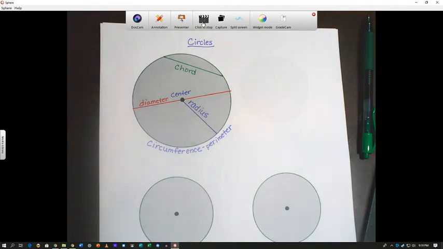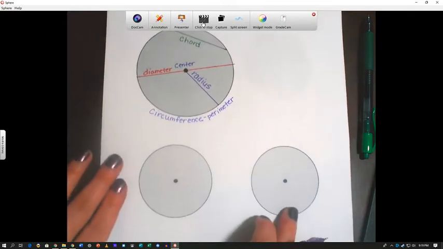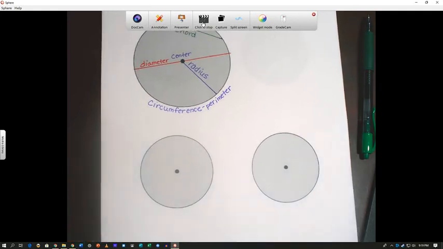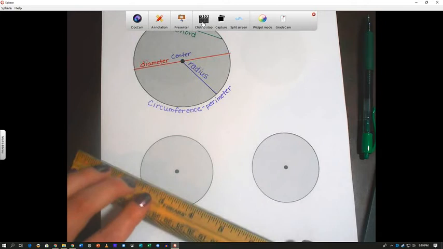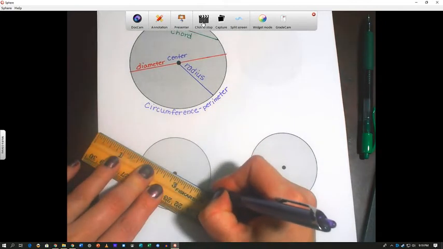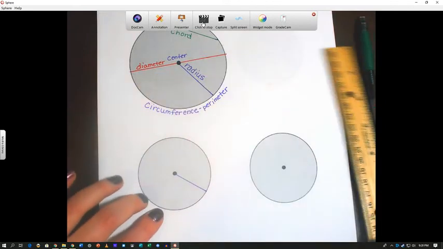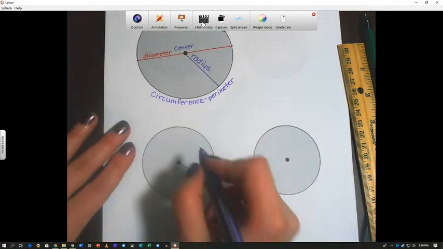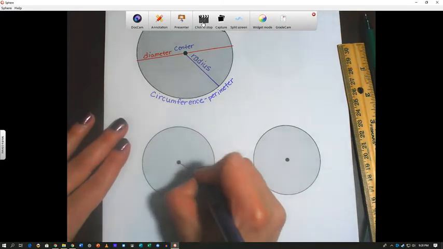So today we're going to focus on the radius and the diameter. So if I give you one, can you give me the other? So here are a few examples of that. So if we have our circle, and if I draw in one radius, and this radius measures 22 feet.